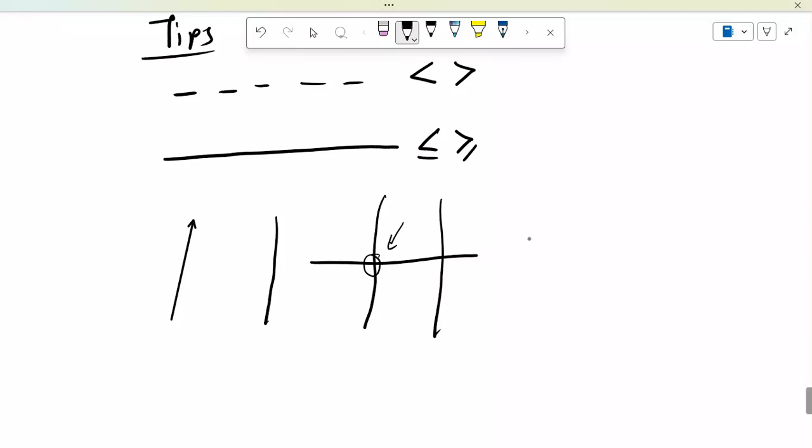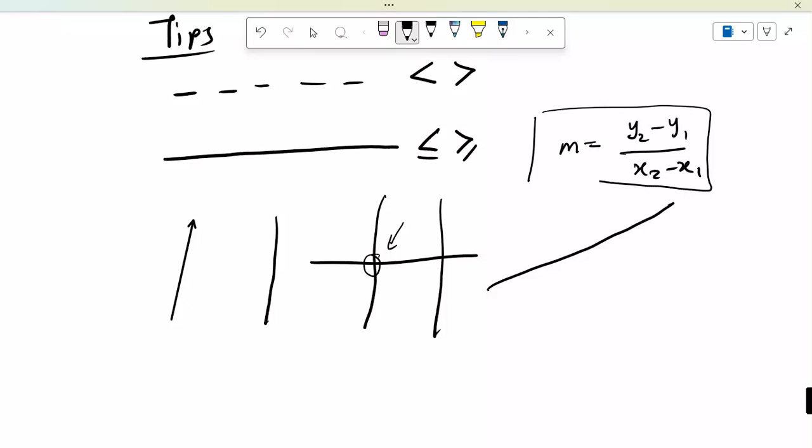Then you test the conditions by inspection. Next, if the line is just straight, meaning the gradient is 0. The gradient is y2 minus y1 over x2 minus x1. This is the equation for you to calculate a gradient.